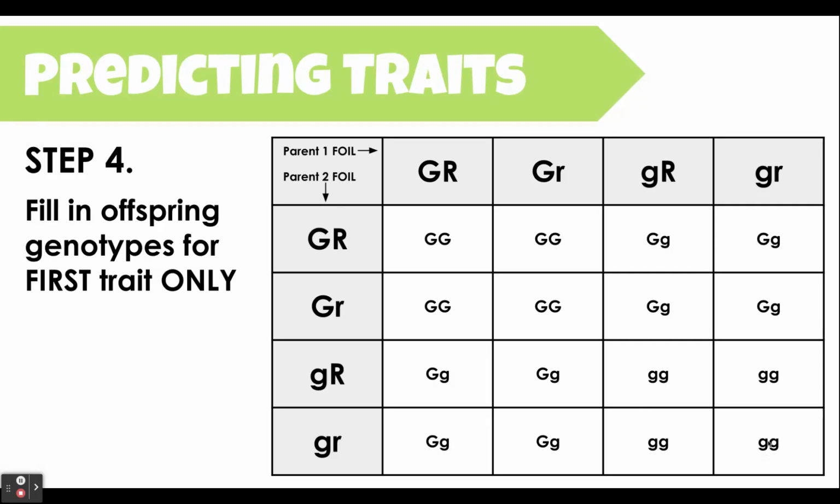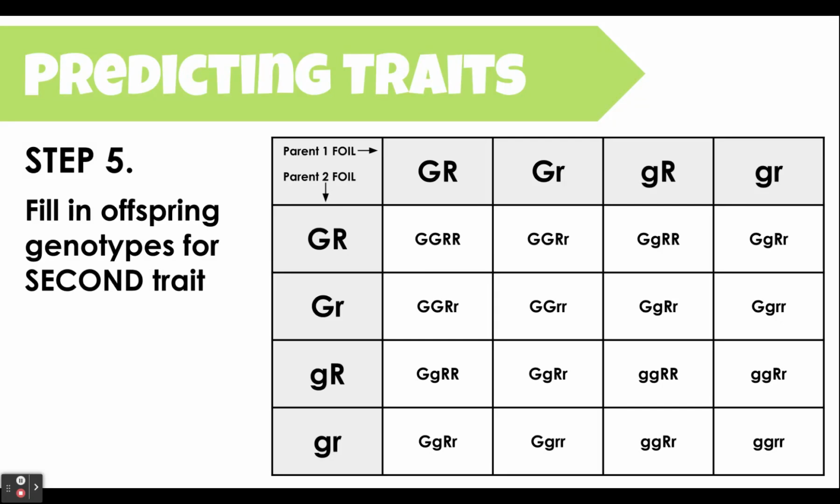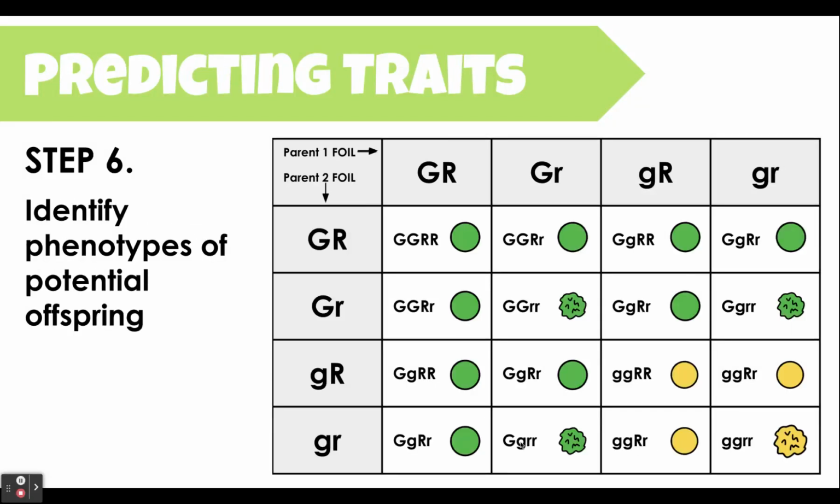You'll notice down here in this last one, I have a little g from this parent, a little g from parent 2, combining together to give me the genotype for color, little g, little g. Step 5 is you're now going to repeat this, but for the second trait only. So now I'm going to go through and fill in all the R's based on the combination of the 2 parent alleles. And then step 6 is identify the phenotypes of these potential offspring.